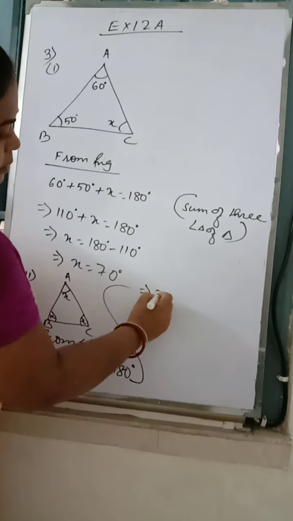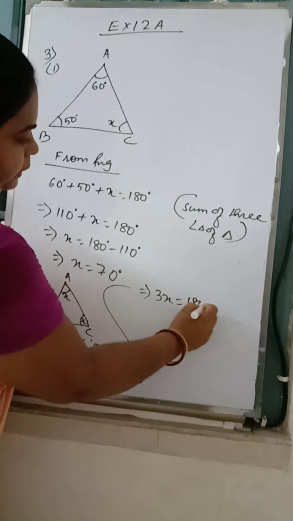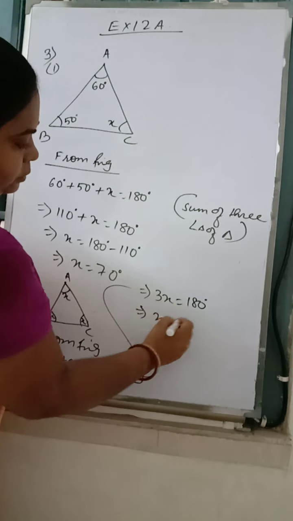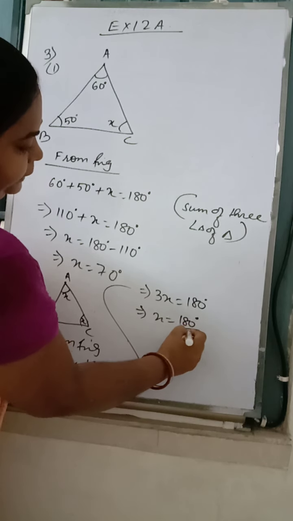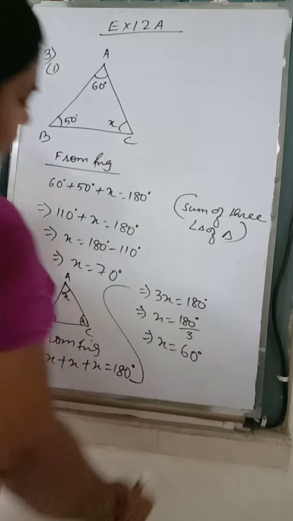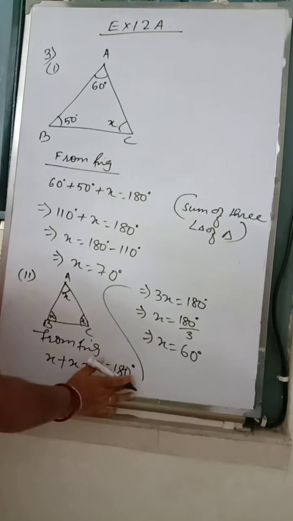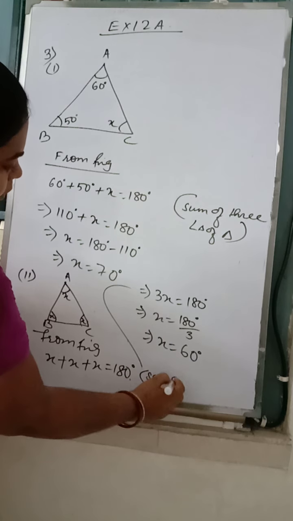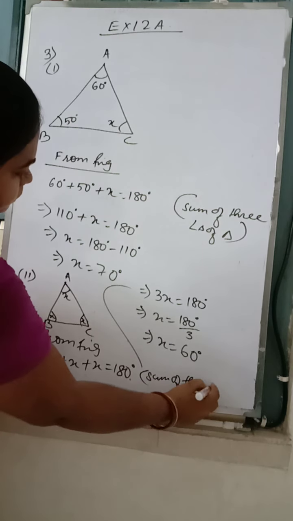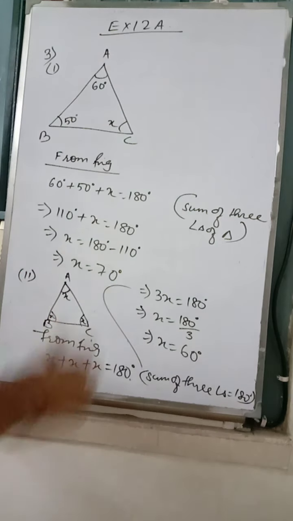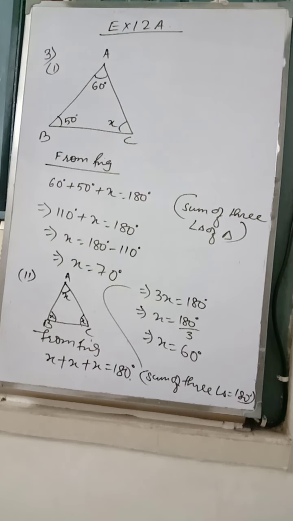So 3X is equal to 180 degree, or X is equal to 180 degree by 3, X is equal to 60 degree. Here also you have to write sum of three angles is equal to 180 degree. In this way we have to solve these picture sums.